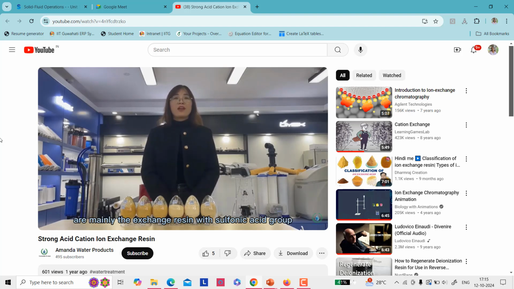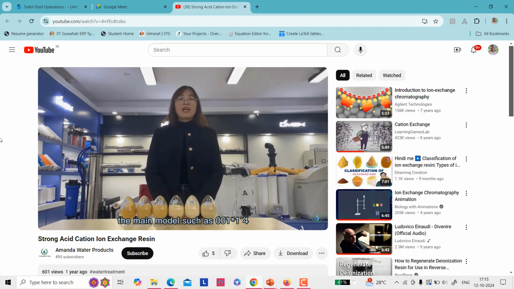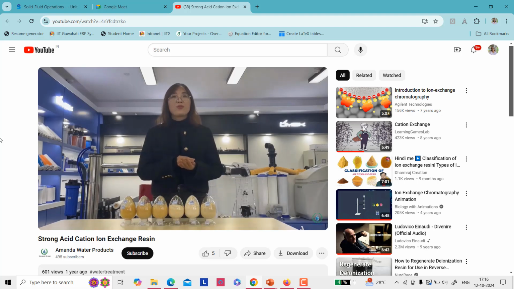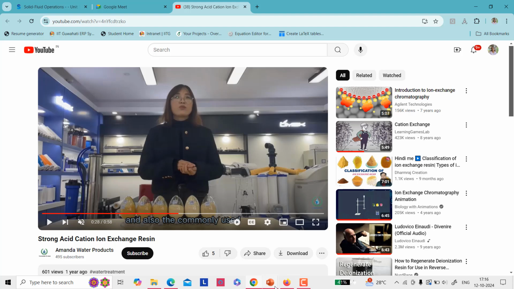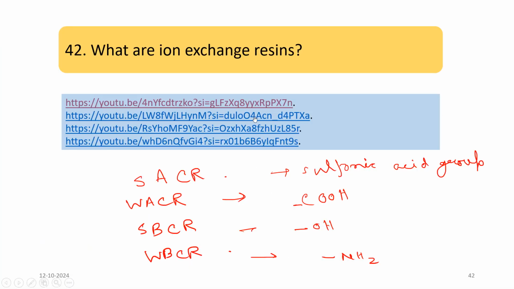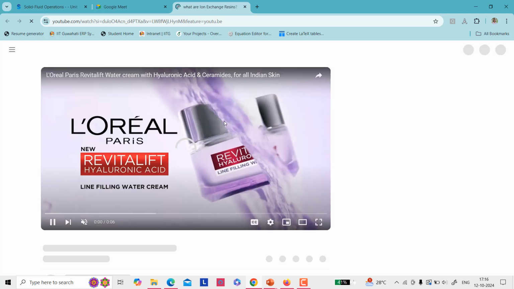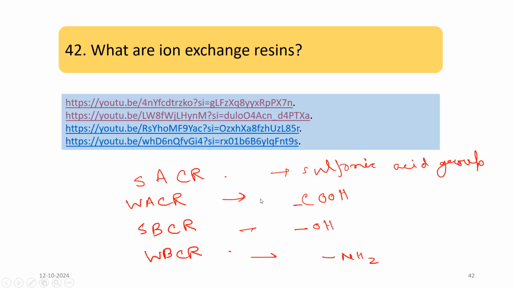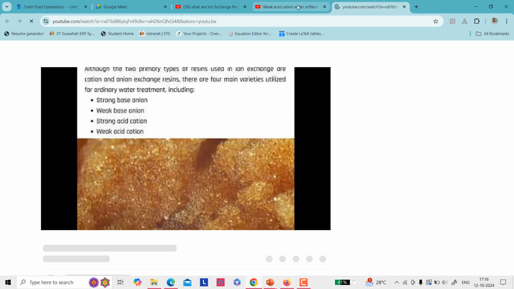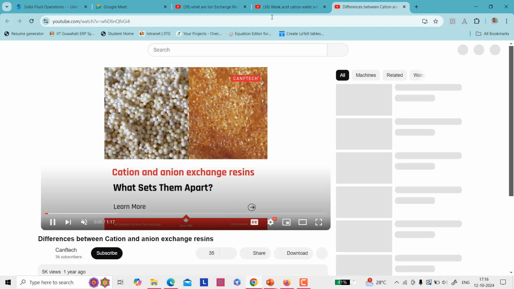Okay, this is the sulfonic group. Next one is the ion exchange resins.